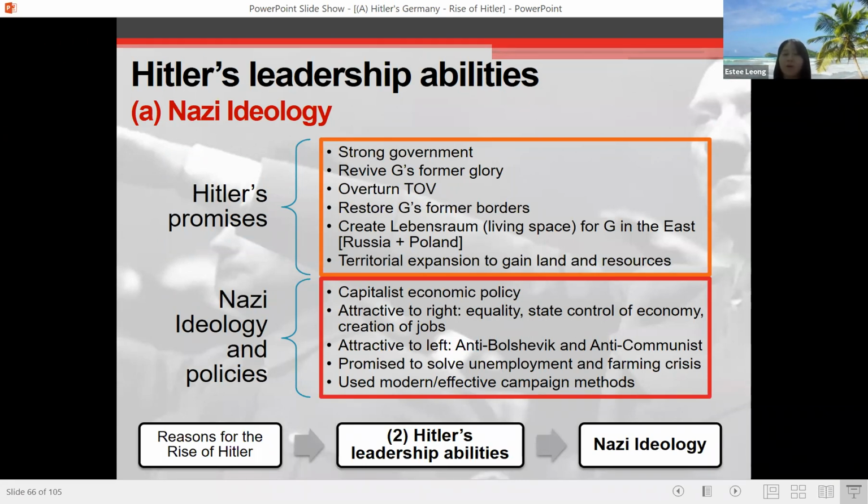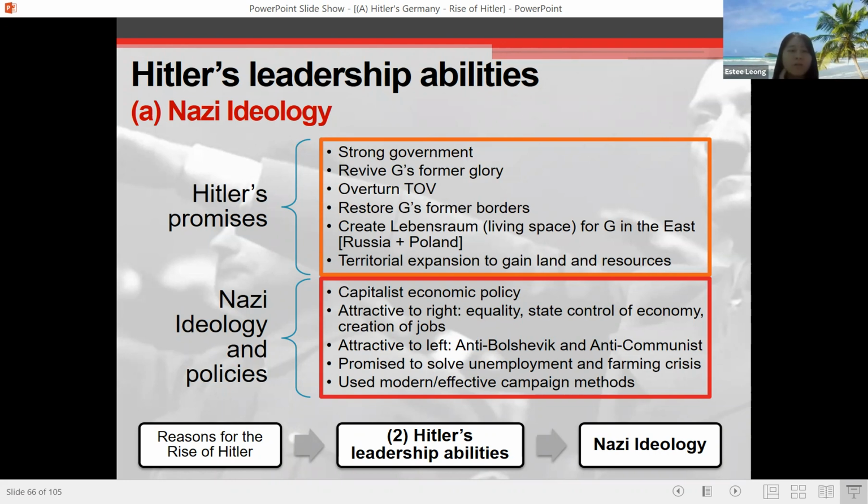We're not just stopping at Austria, but also looking at the other countries in the East, such as Russia and Poland, right? And this is basically the precursor to the start of World War II. Immediately, we already see that he has ambitions of territorial expansion. He has the desire to continue to expand Germany outwards to gain land and resources for the people.